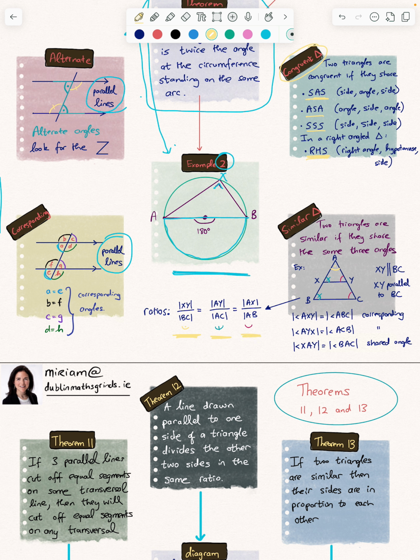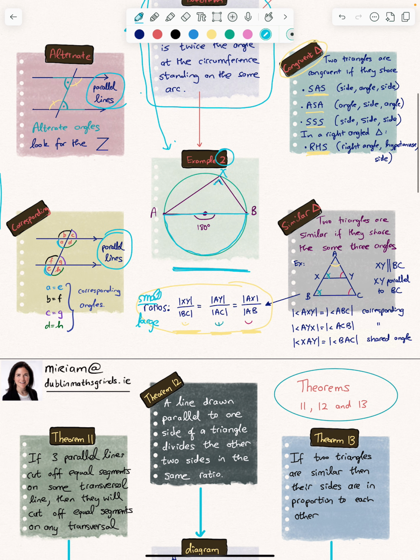Watch out that you're consistent in writing down these ratios. What we have is the small triangle over the large triangle. Sometimes I write that even to remind myself, so that halfway through I know which side is going on top. I would write those down so that you have that information and you don't have to be thinking about it in the middle of the question.